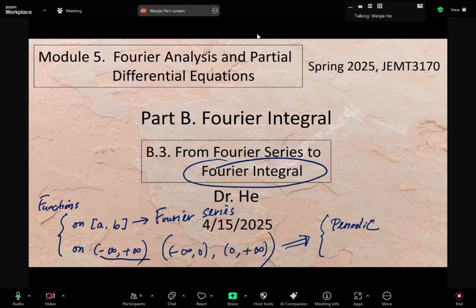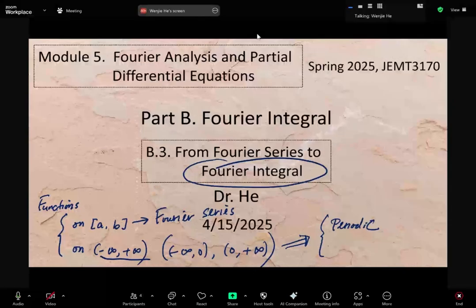Although defined on the whole real axis, these functions are special. They have this periodic property. The second, non-periodic.